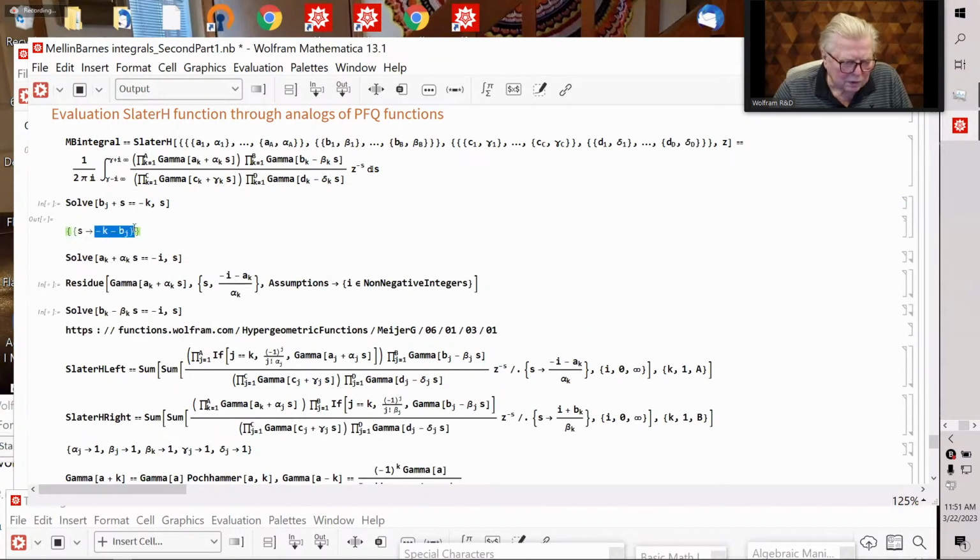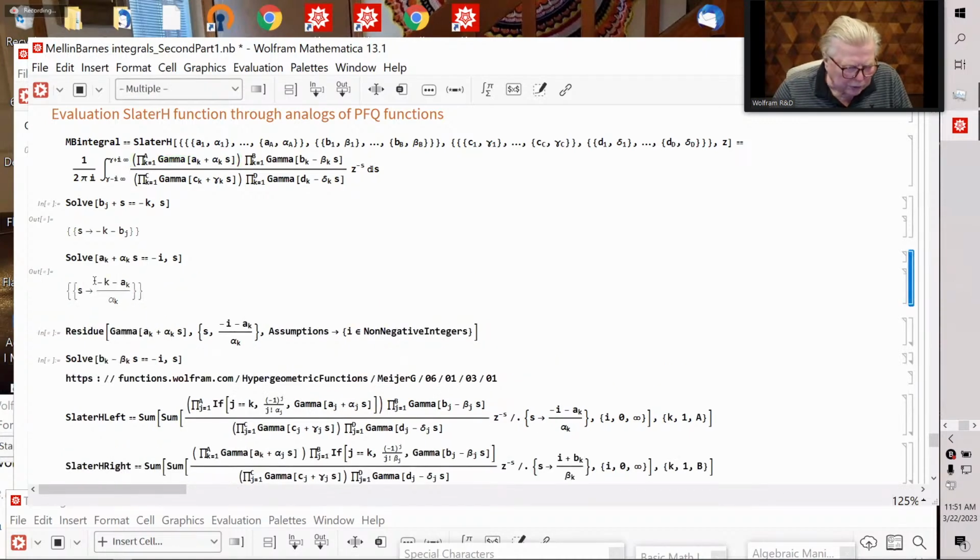S equal to this for the Meyer G function. Instead of such a construction, we have poles in these points.